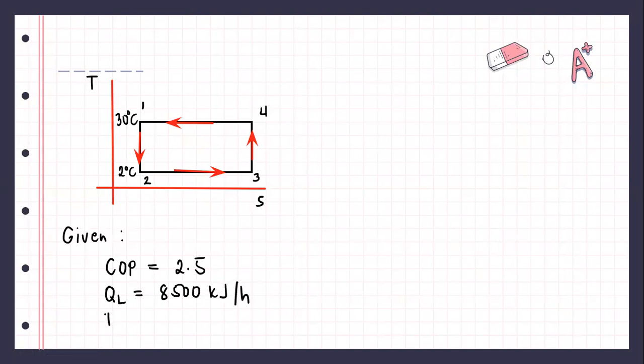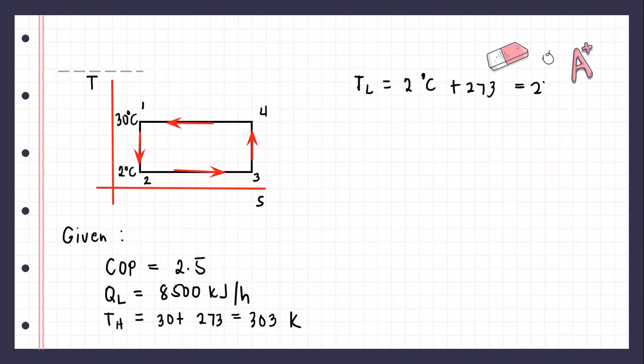The high temperature T_H is 30 plus 273, equal to 303 Kelvin. The lower temperature T_L is 2 degrees Celsius plus 273, equal to 275 Kelvin.